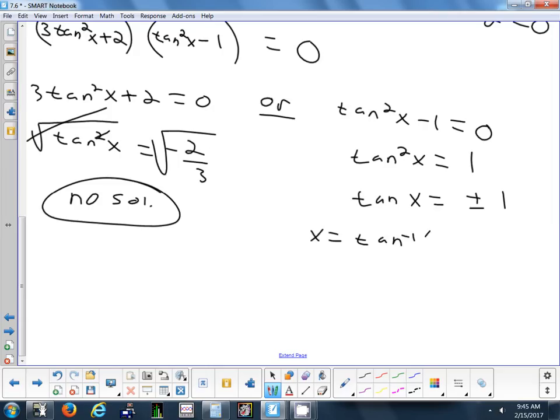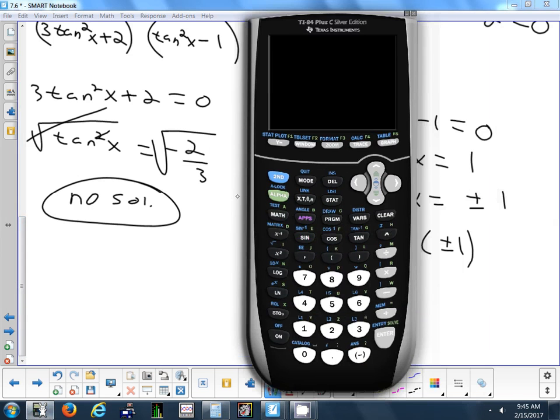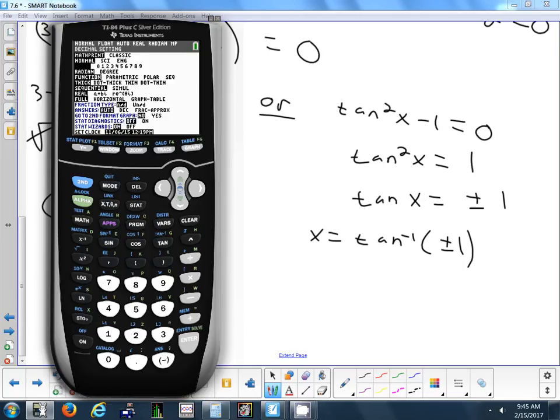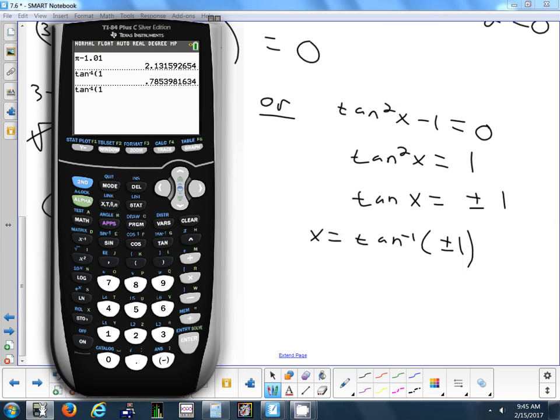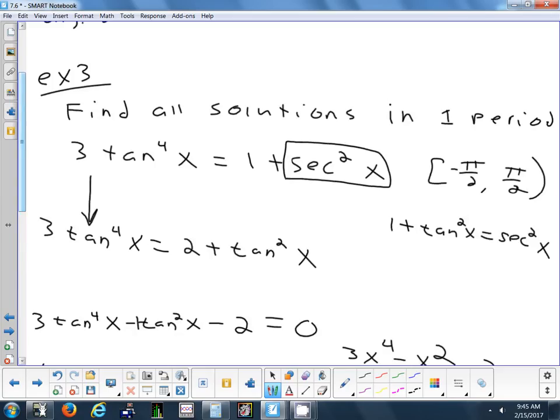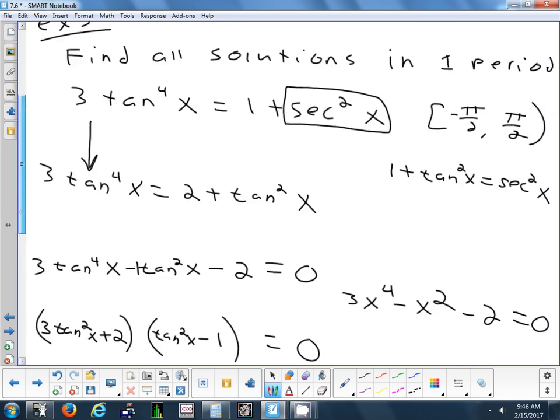Take the inverse tangent. Okay, so let's see what we get. It's the inverse tangent of 1. Well, if I did it in degrees, you would probably recognize it as a nice answer. It's 45 degrees, which is pi over 4. That's negative 90 to 90. Is 45 degrees between those two numbers? Yes. Yes, then we write that one down.